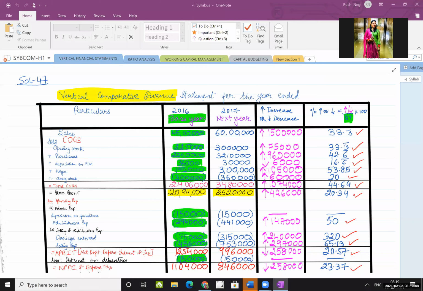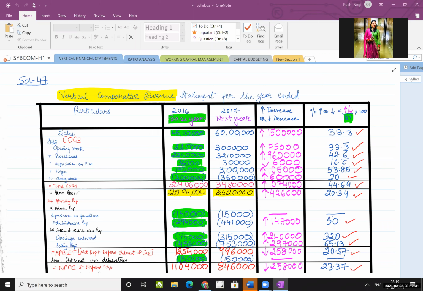Okay, so this was the sum that we had solved last lecture. Comparative. So what did I tell you? They will give you 2 years, because you are comparing the base year with the current year or the next year. So what columns are you going to make?